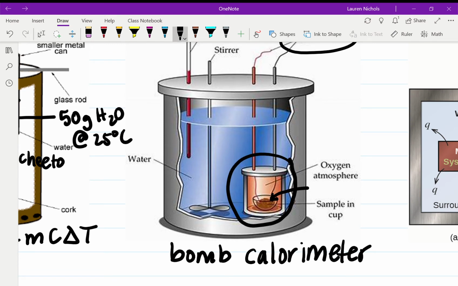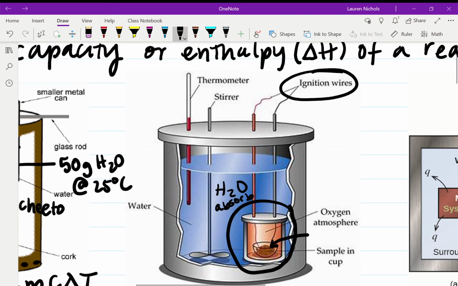As it explodes and releases all that heat, again, the water is going to absorb the heat that's released. So even though we can't measure the heat directly in the fire, we can measure it indirectly through the water that surrounds it.